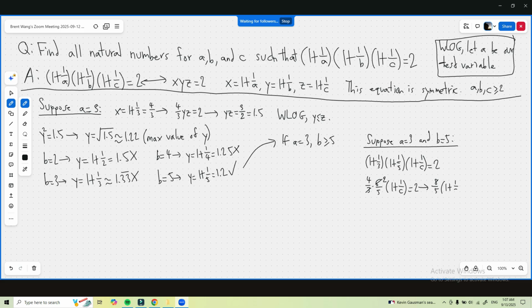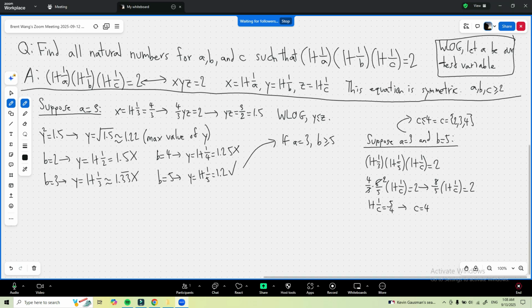So 1 plus 1 over C is equal to 5 over 4, which implies that C equals 4. So B has to be at least 5, which means the maximum value of C is 4 here. The possible values are 2, 3, and 4.